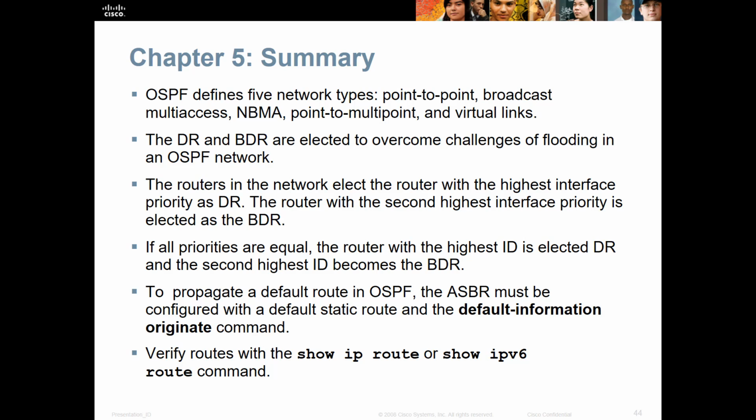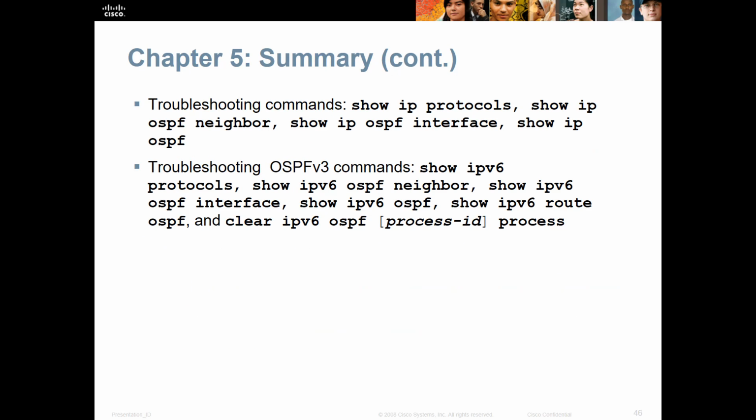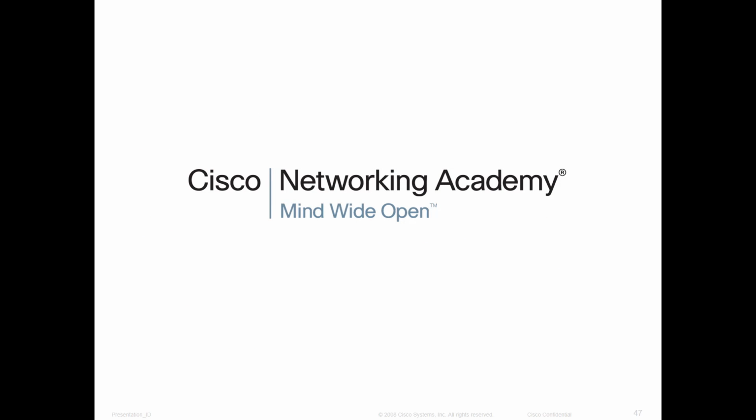The big things here is, again, understanding designated router and backup designated routers, how to propagate default routing information, how to set up message authentication, how to set OSPF authentication using the MD5 hash, manipulating the hash values, and basic troubleshooting. That's Chapter 5 in a nutshell. Thank you.